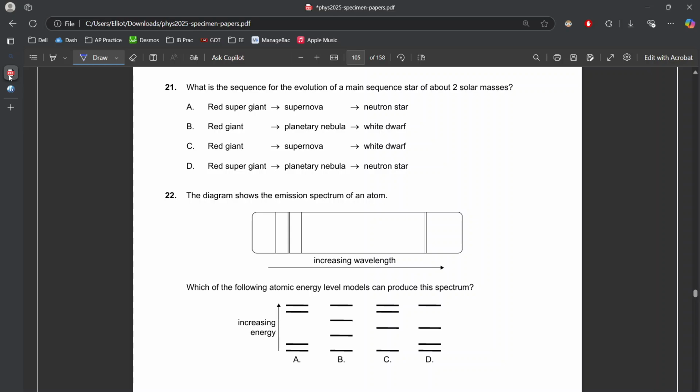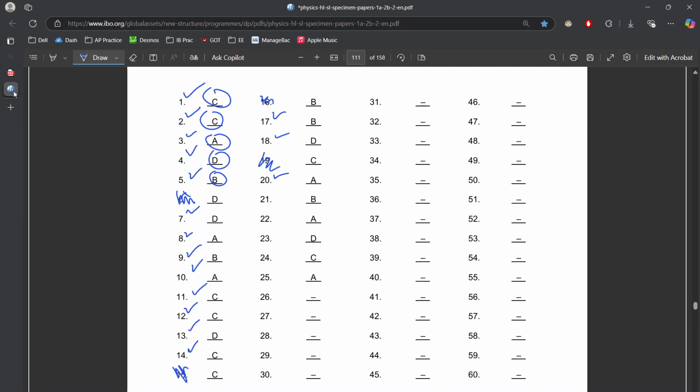What is the sequence for the evolution of a main sequence star? We've got 2 solar masses. Man, this is a just-know question, which is my least favorite kind of question. But I doubt that it'll go supernova. And I don't think it's big enough to become a red supergiant, so I'm going to go B, which is correct.